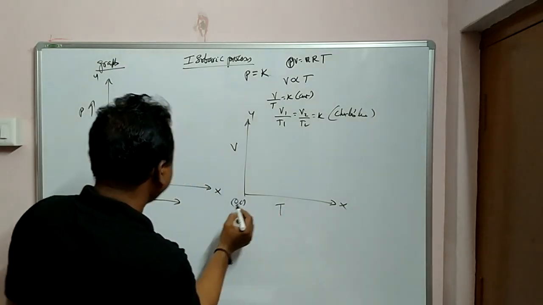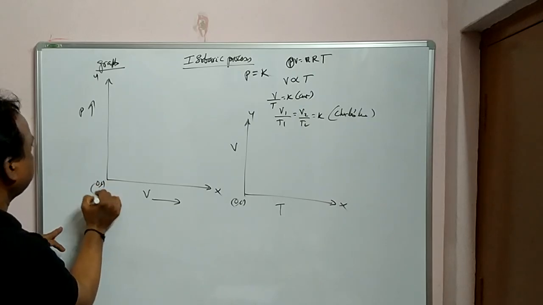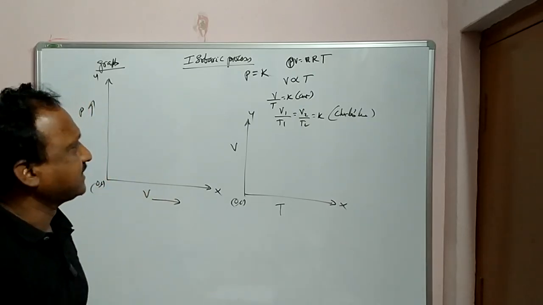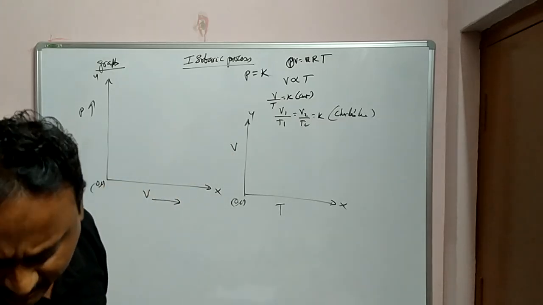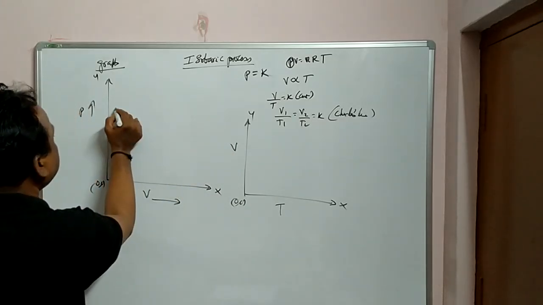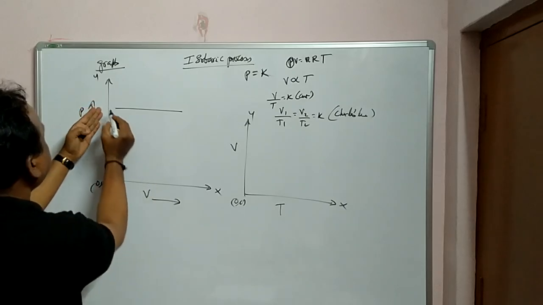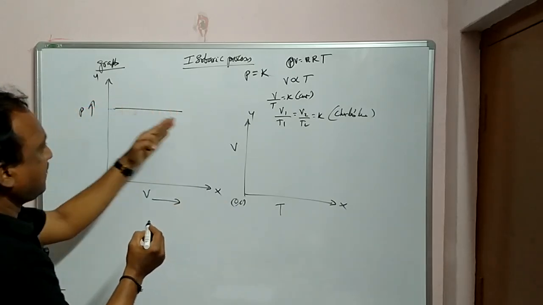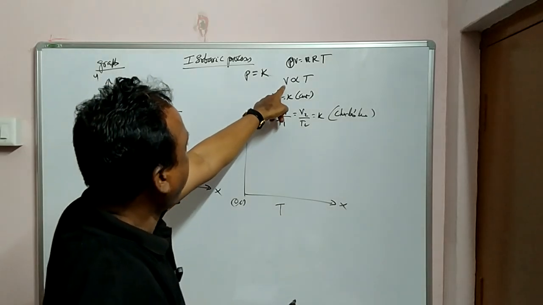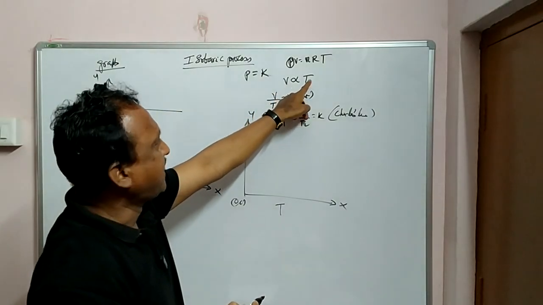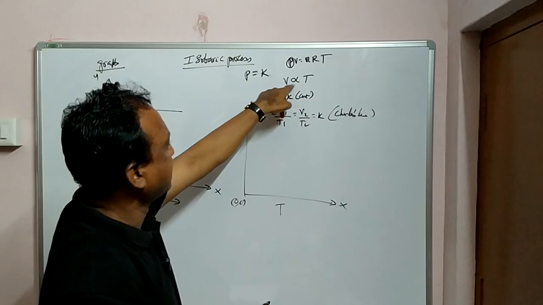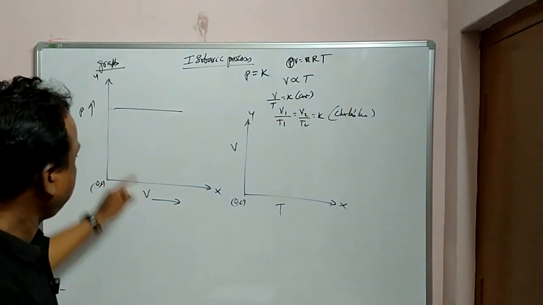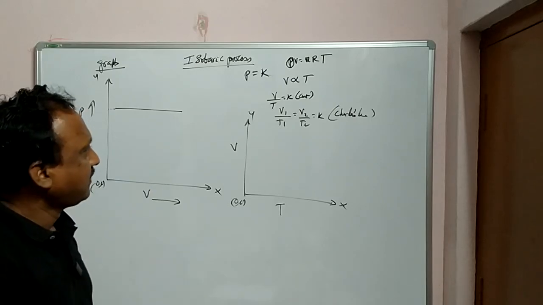This is origin. So first graph, if you observe, pressure is on y-axis, volume on x-axis. So here pressure is constant. Since pressure is constant, you can see pressure is constant. But volume is directly proportional to temperature. If temperature changes, volume also changes. If temperature decreases, volume also decreases. So the graph will be like this, P versus volume.